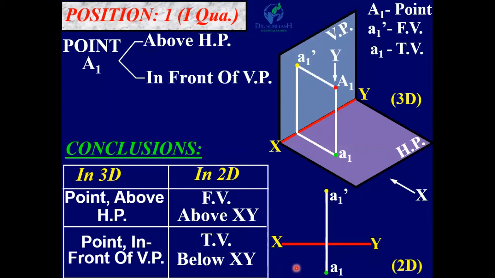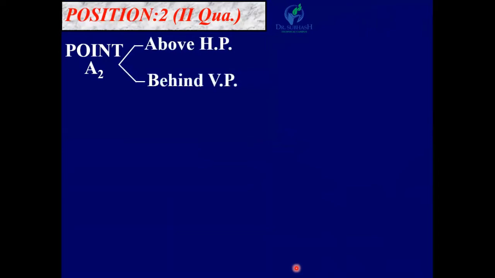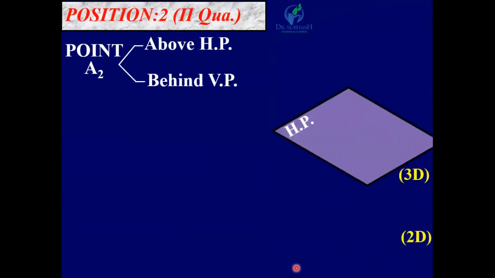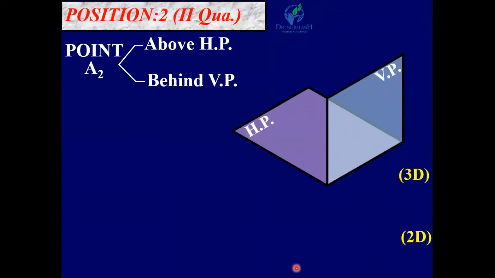Now let us see the next position. Position 2, second quadrant. Point A2 is above HP and behind VP. First, in three-dimensional, the intersection line of HP and VP is XY. Here in two-dimensional, XY. Now you can see this point A2, which is above HP and behind VP.